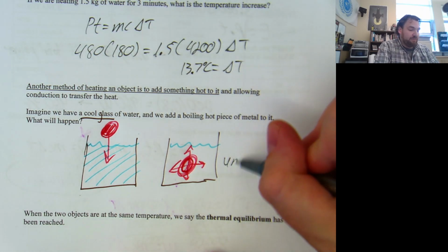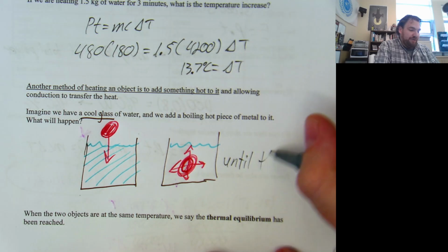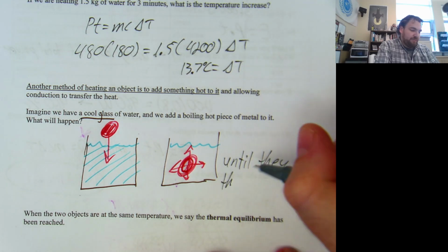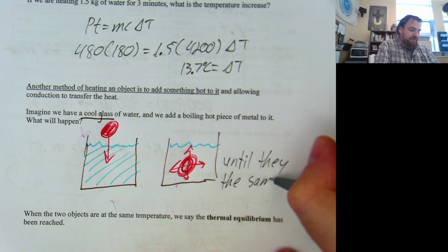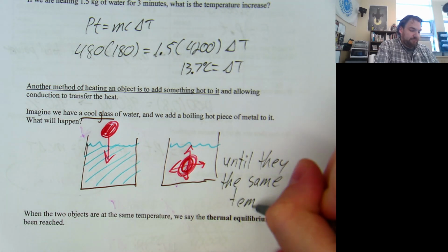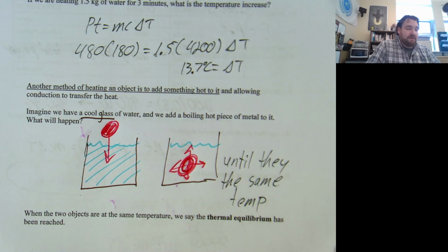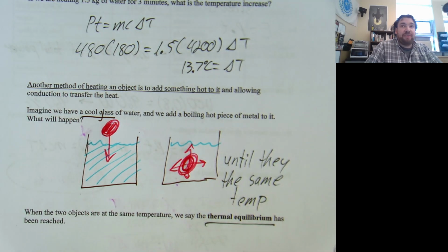Until they're equal. Until they reach the same temperature. And we say that they have reached thermal equilibrium at this point. And at that point, the energy is going to stop flowing, because one doesn't need to give up and the other one doesn't have any space to take.